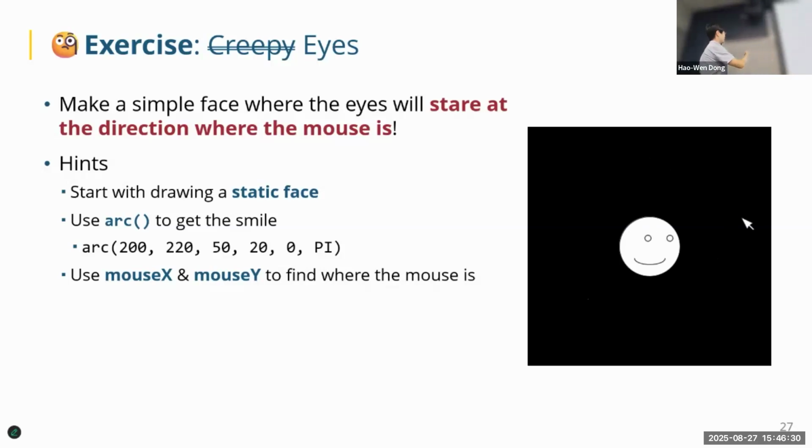It just goes from 0 to pi. So in Processing, this is 0, this is pi, this is half pi, this is 1.5 pi. So basically you go from 0 to pi to draw this arc. Anyway, for now, just do this and you will get that curve.